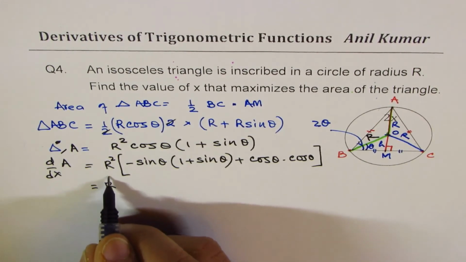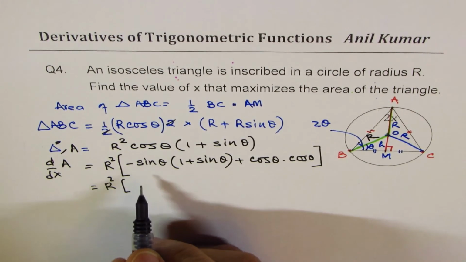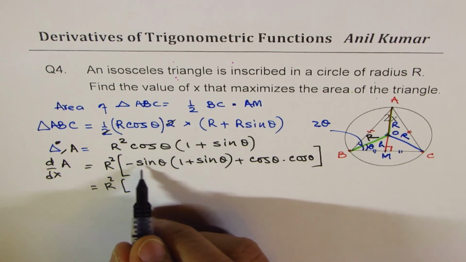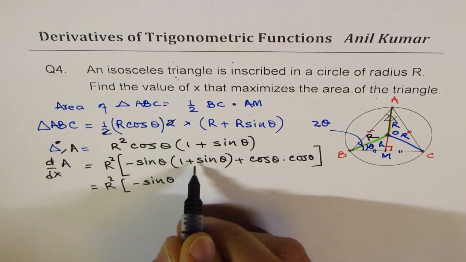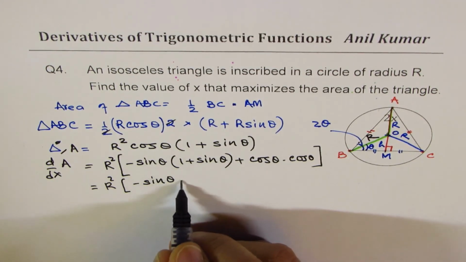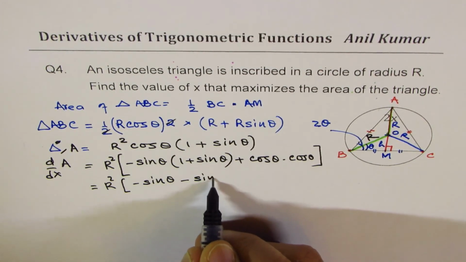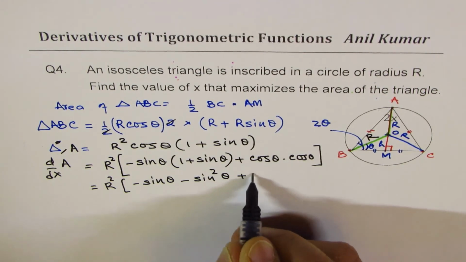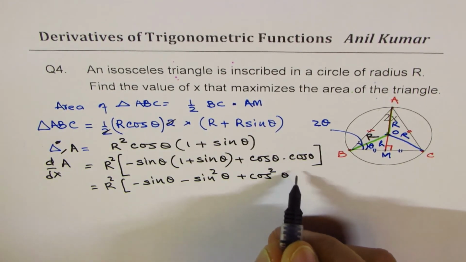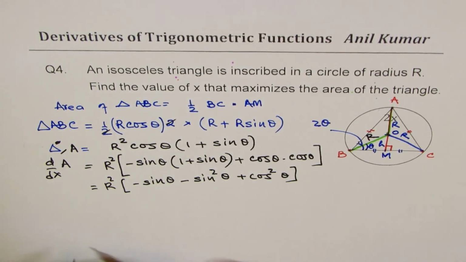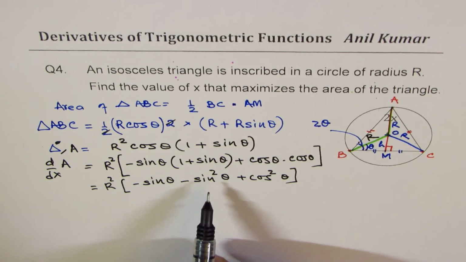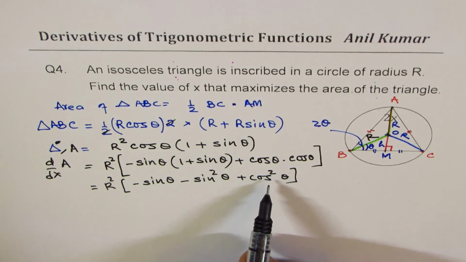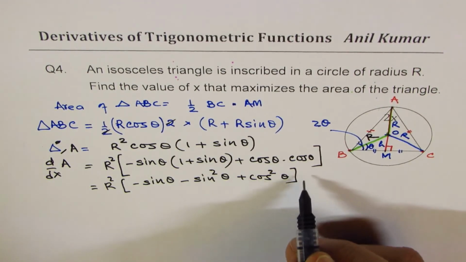Now let's expand it. If I expand it, I get minus sin theta, and here we get minus sin square theta plus cos square theta. Correct? Now we can get a quadratic equation in sine by writing cos square theta as 1 minus sin square theta, right?